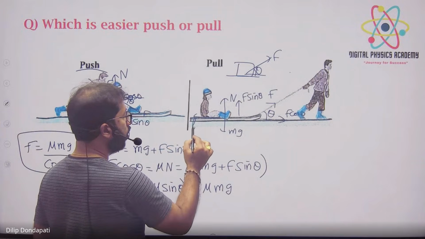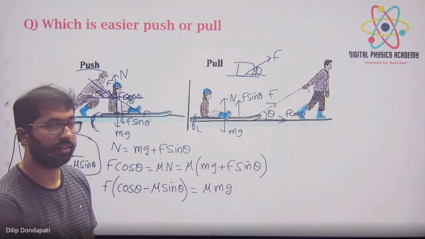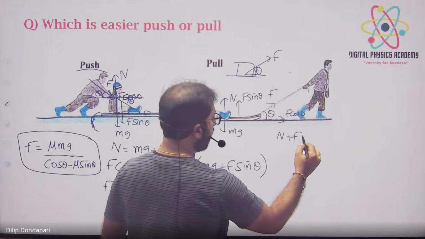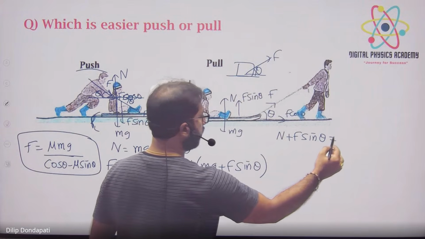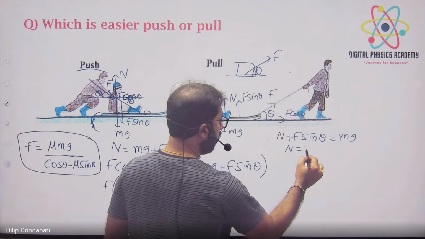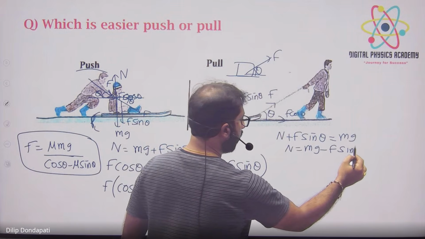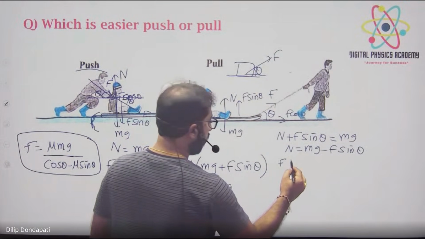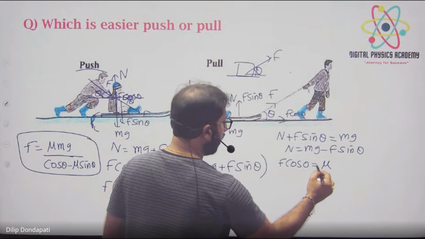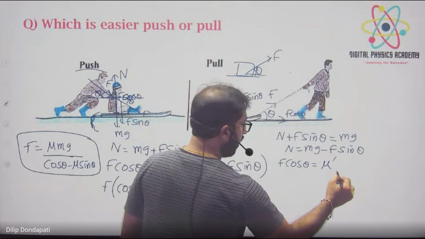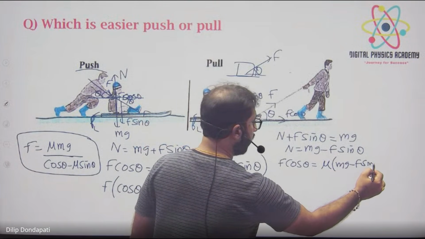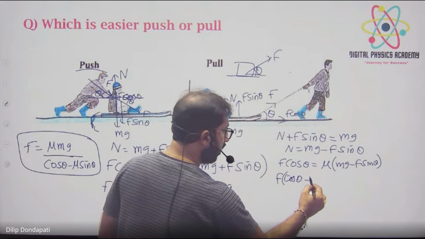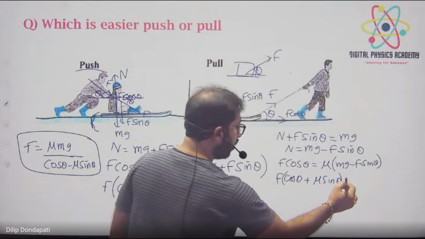The body is just about to move. Limiting friction is being calculated. Limiting friction is there. Okay, so upward force, downward force. How much is the upward force? N plus F sin theta is equal to the downward force, which is mg. So therefore N is equal to mg minus F sin theta. Now we will look at the horizontal force. F cos theta is equal to FL, and the formula for FL is mu N. Mu into N, right? So how much is N? mg minus F sin theta. When I take F common, cos theta, bringing this side, it becomes plus: cos theta plus mu sin theta is equal to mu mg.